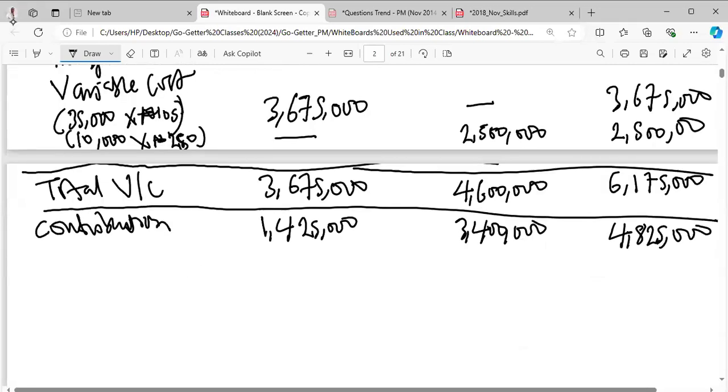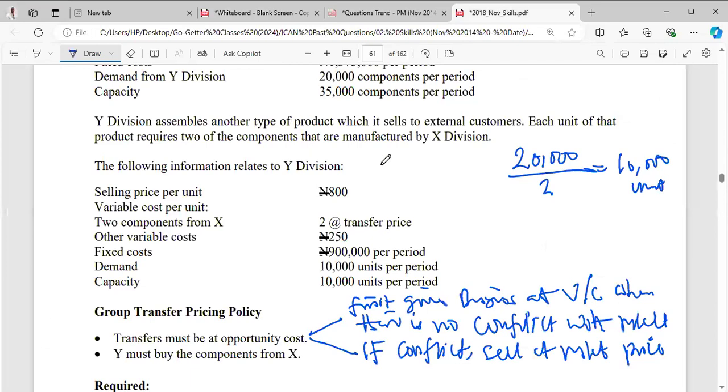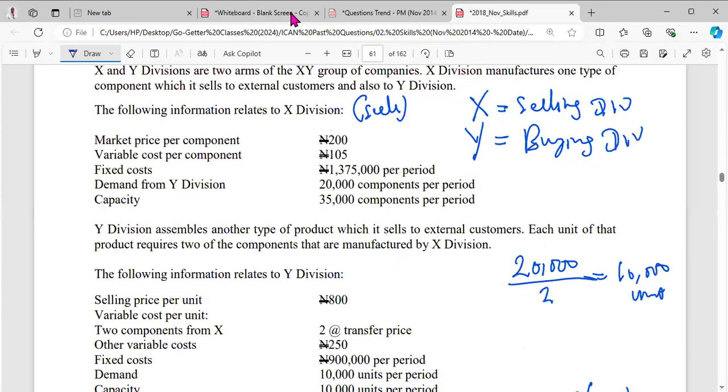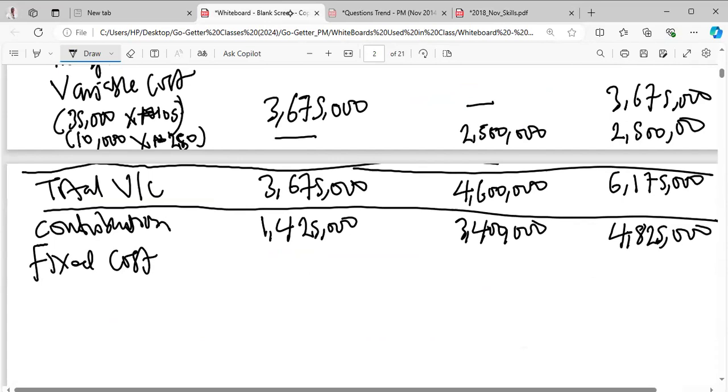So let's go now to the fixed cost. What's the fixed cost for the selling division? 1,375,000.